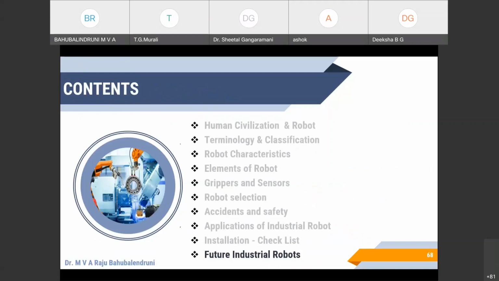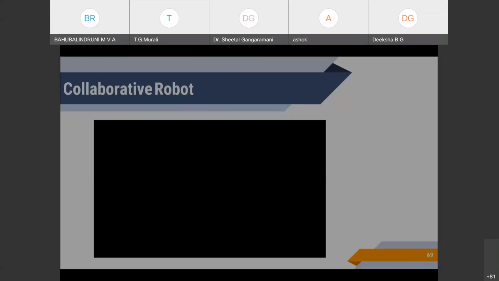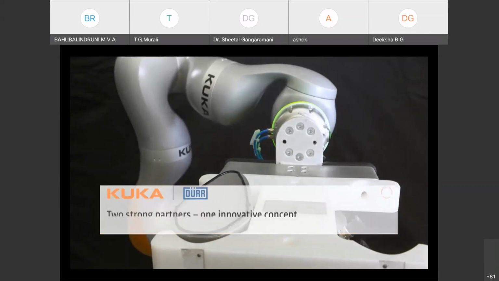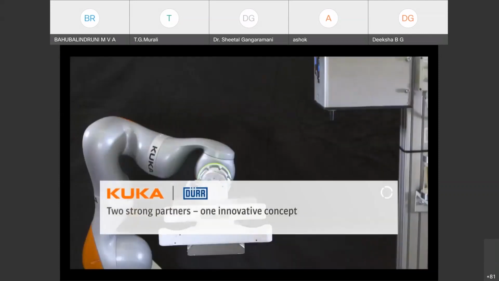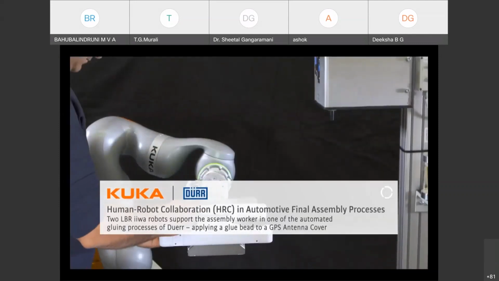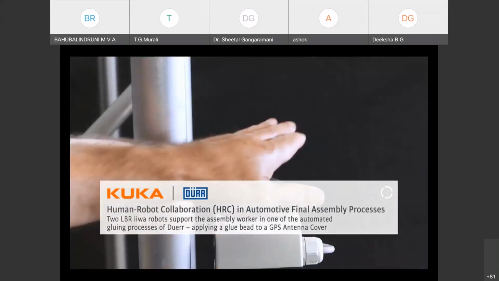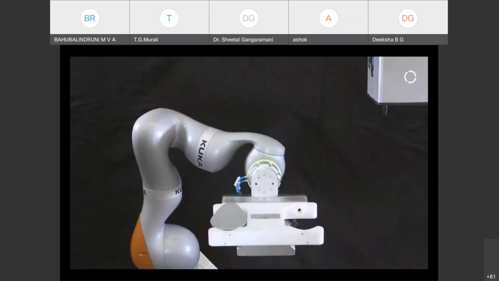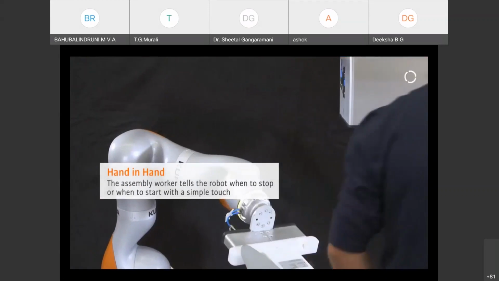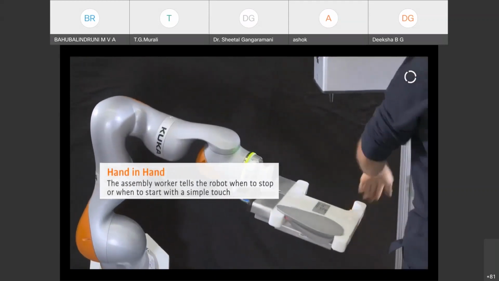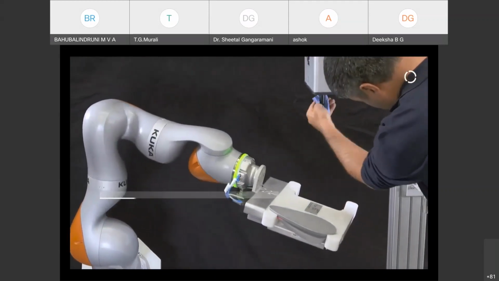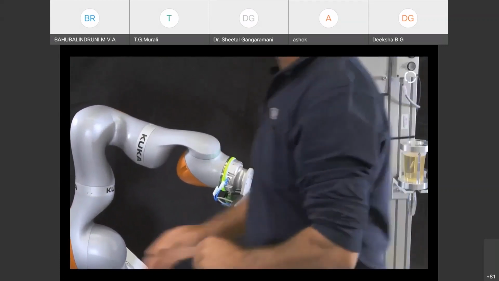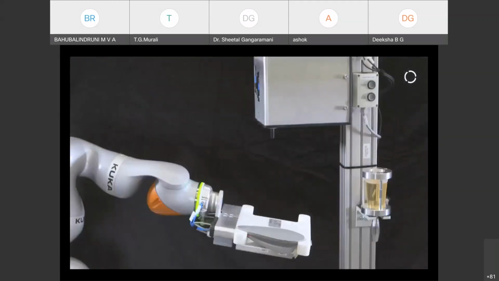When it comes to the future industrial robots, you can just look at this, a collaborative robot by KUKA Robotics, where the human and robot have to work together to do a task. Humans may not be able to do the task with high precision, so we need the robots. But when the robot is moving, it is supposed not to harm the human.